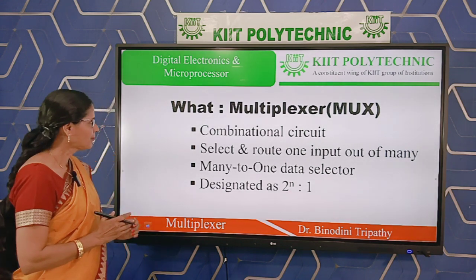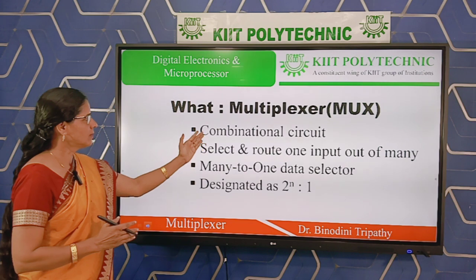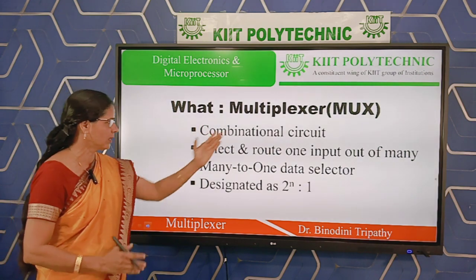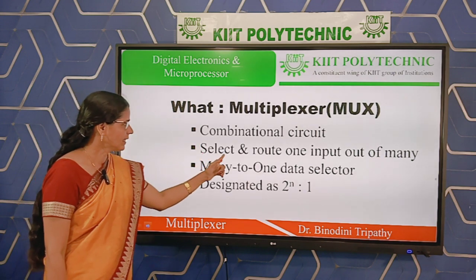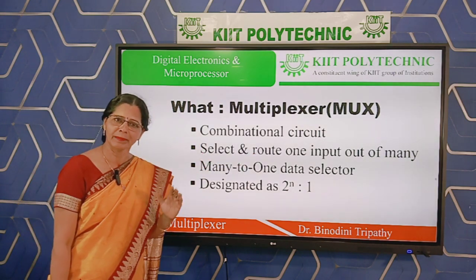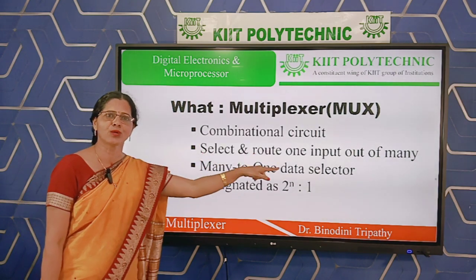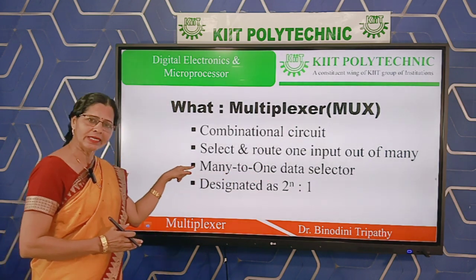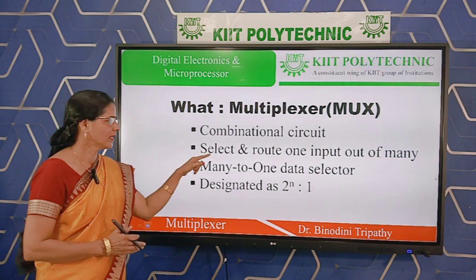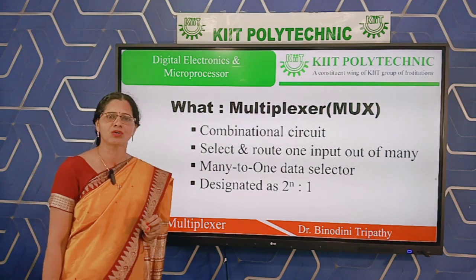So accordingly, the multiplexer is a combinational circuit that has selecting and routing capability, mixing, selecting and routing. It can combine and select any one and route the selected one to the output.